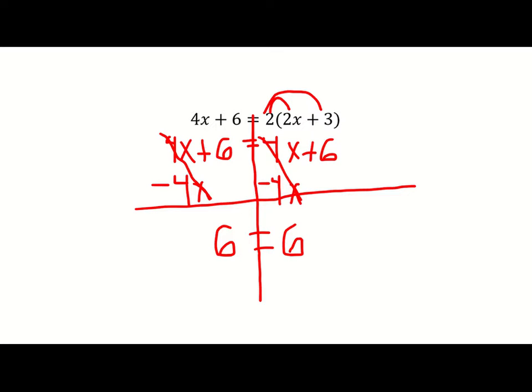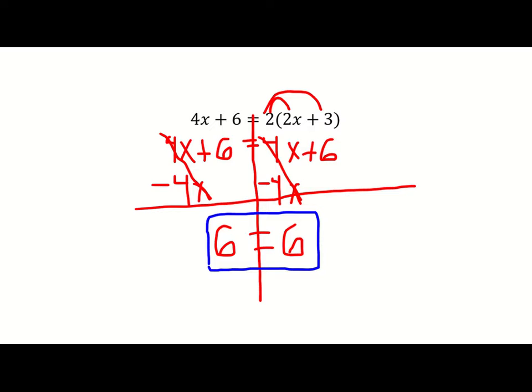So since my variables canceled out completely in this problem, I want to take a look at the final result. 6 equals 6. And I want to ask myself, is that a true or false statement? Well, 6 equals 6, that's true.